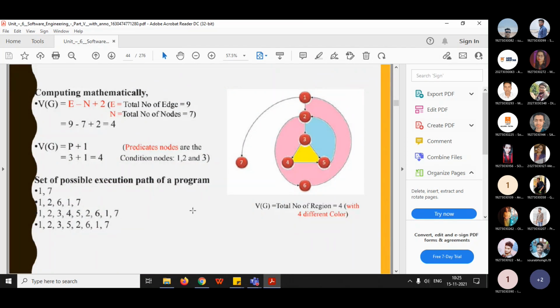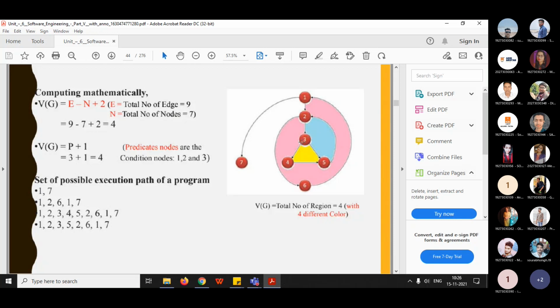So next, in this way you can calculate the number of regions. If you see how many regions there are, this yellow marked portion is one region, that is 3, 4, 5. Next is 2, 3, 5, this is another region.